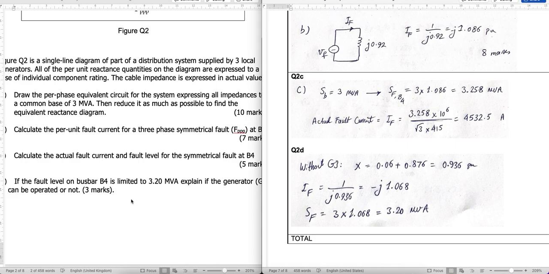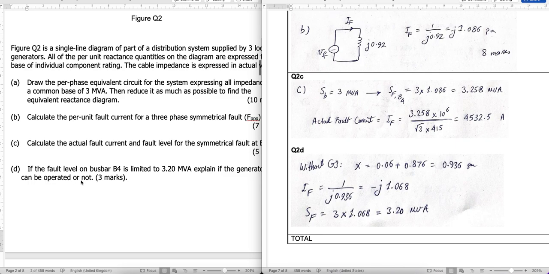So the answer to this question is, we just obtained the value for the case without G3, and we can say on the boundary, it is possible to exclude G3, it's within the range, but if we include G3, then it goes beyond the tolerance.